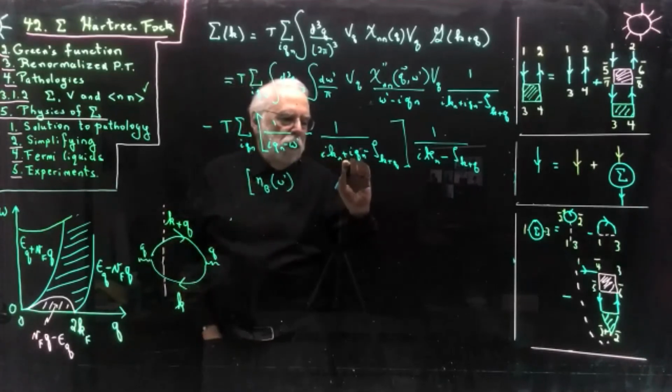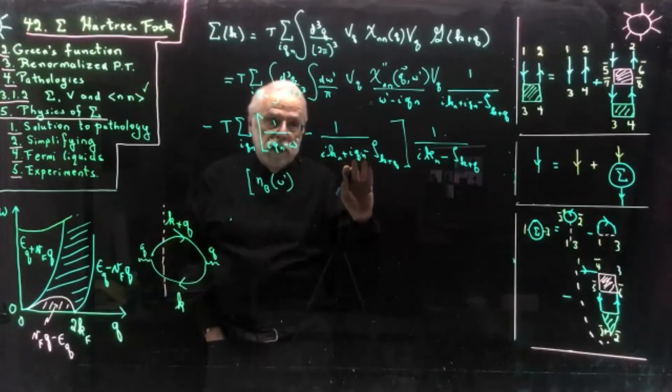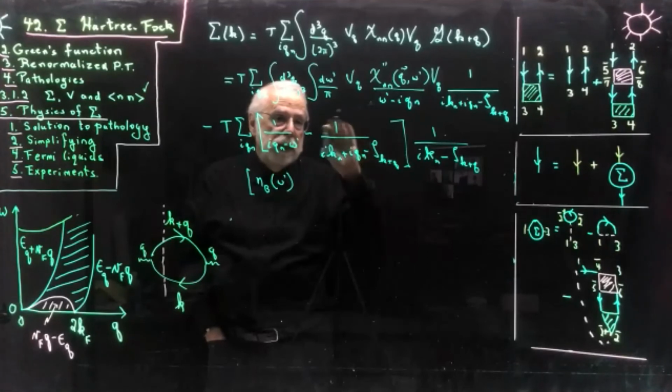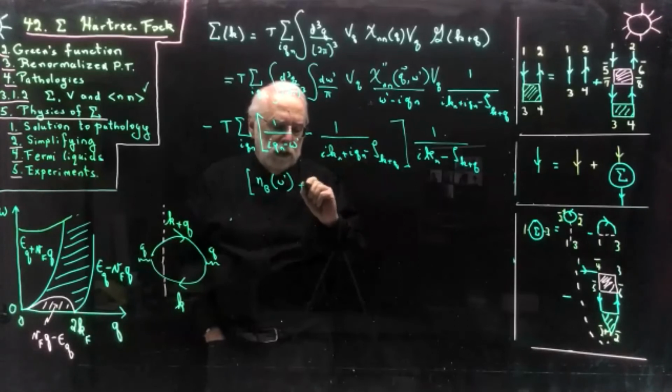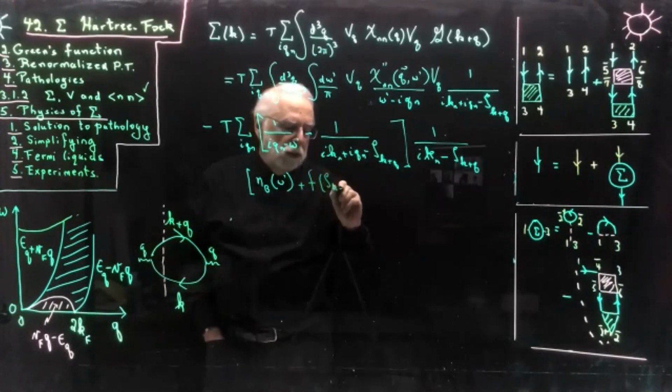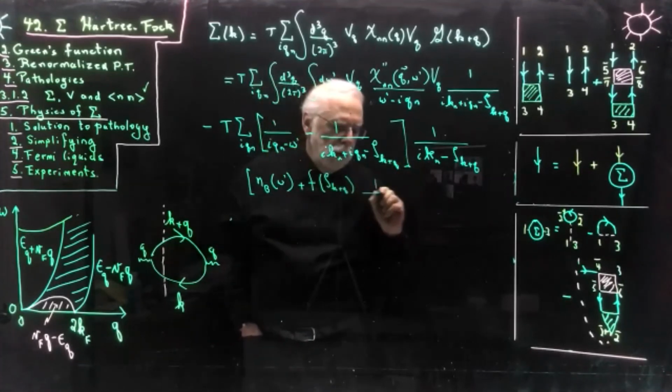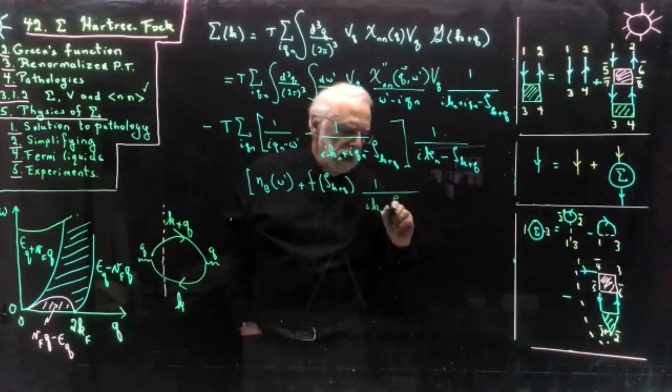Here you see, even though I sum over iqn, which is a bosonic frequency, it's added to a fermionic frequency. So even plus odd is odd, right? So this is really like summing over odd Matsubara frequency. So that gives plus the Fermi function of zeta of k plus q. And here I'm left with 1 over ikn minus zeta of k plus q.